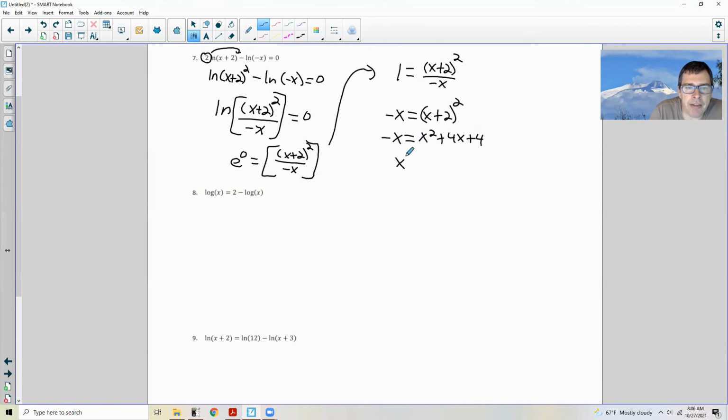Did I do that right? No, it's adding. Whew. All right. Add x to both sides. 4x plus 1x is 5x. Now I want factors of 4 that add up to 5. And that's 4 times 1.